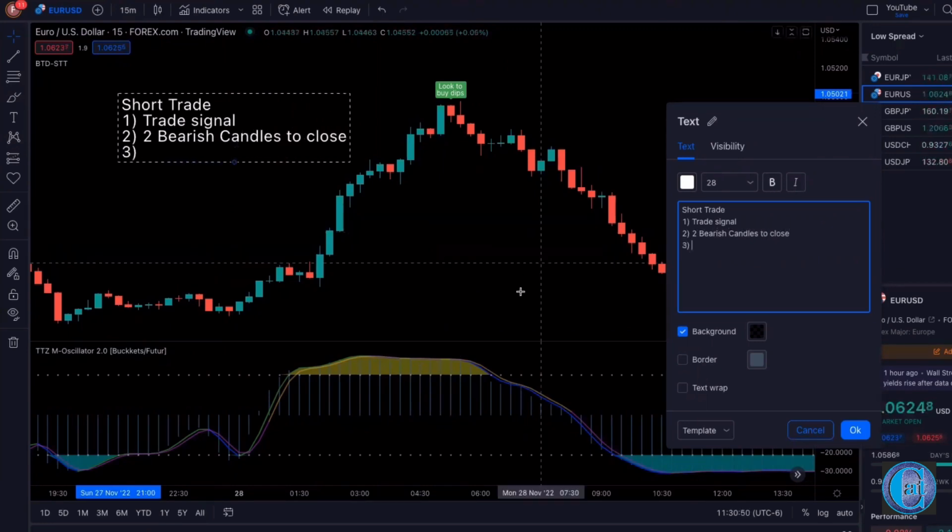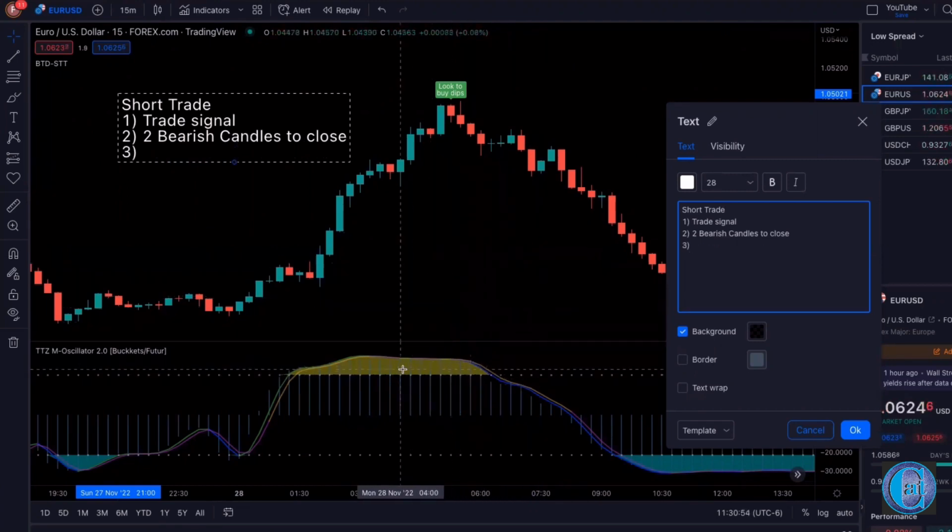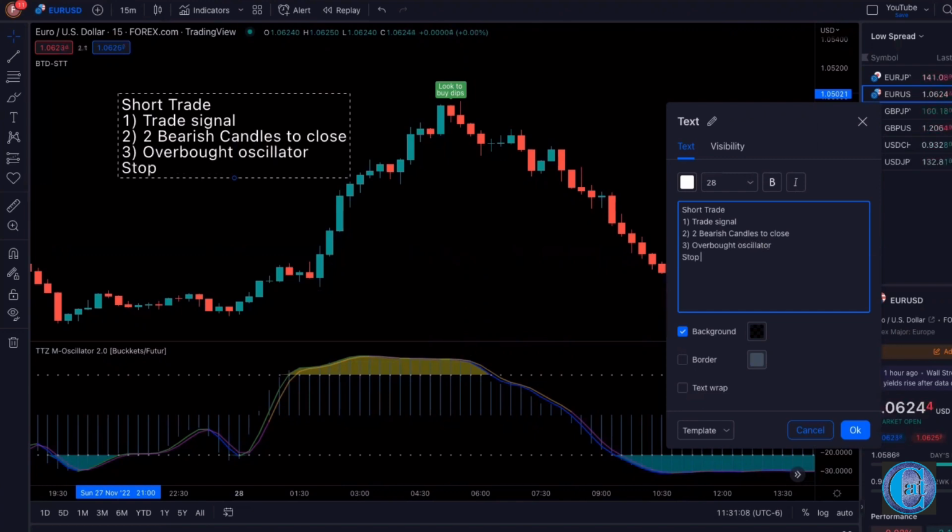And then you want to make sure that the TTZ oscillator is overbought. All right. And then your stop loss will be the recent swing high. Okay. And take profit will also be 2-to-1 risk to reward.